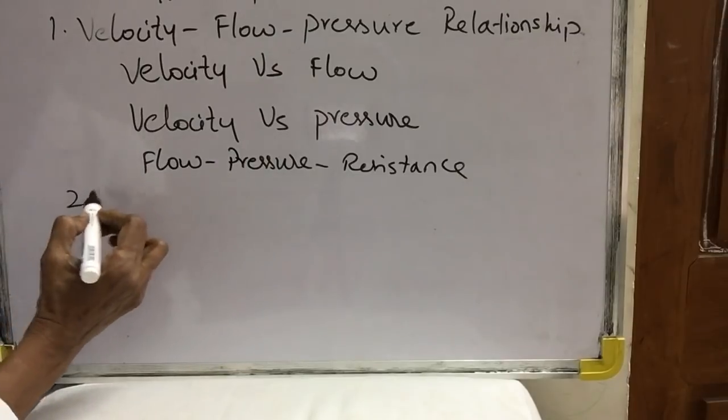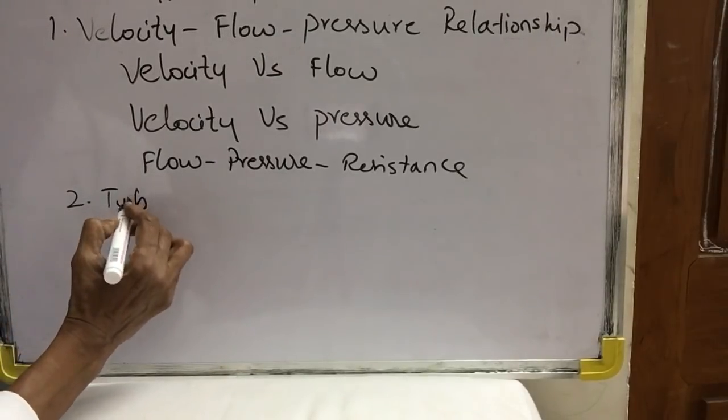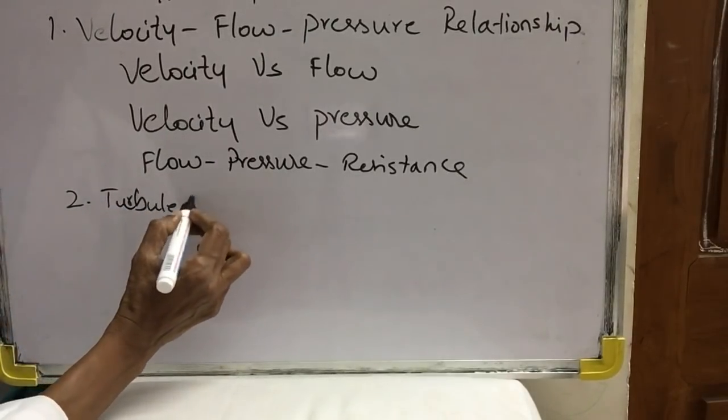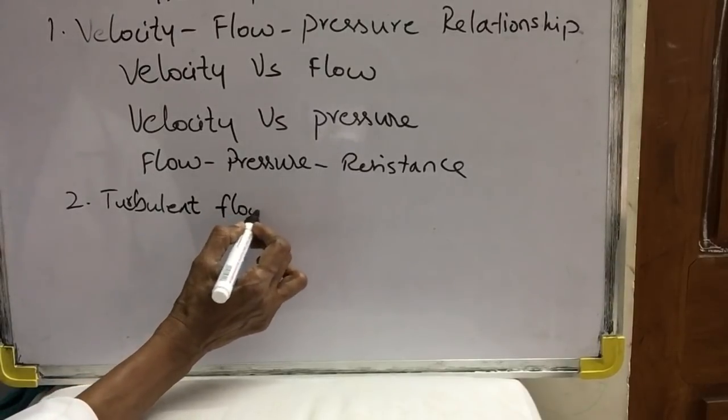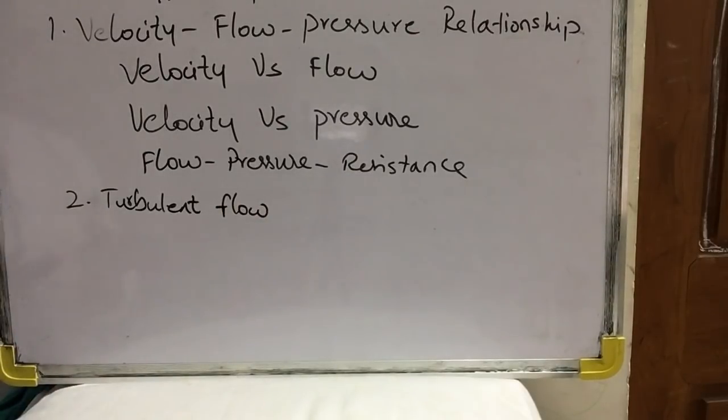Then we'll talk about the turbulent flow. I hope you remember we talked about types of blood flow. We talked about the laminar flow and the turbulent flow. Laminar flow is the normal blood flow which occurs in layers, whereas turbulent flow occurs when the velocity is increased above the critical velocity.